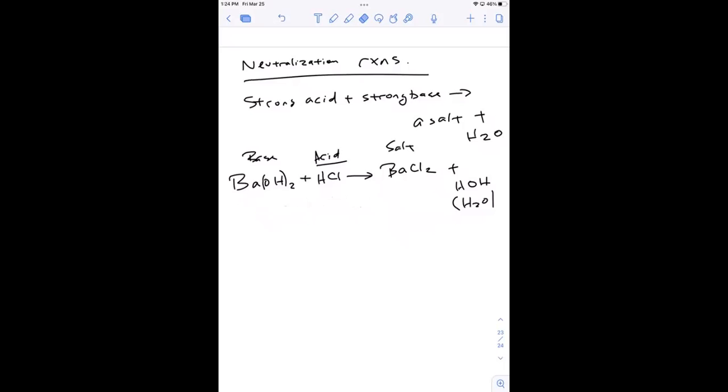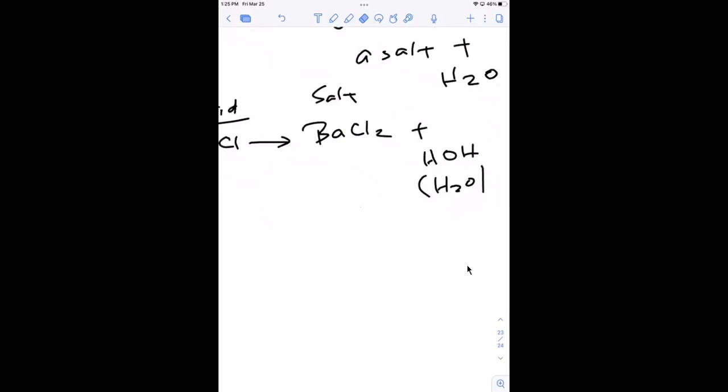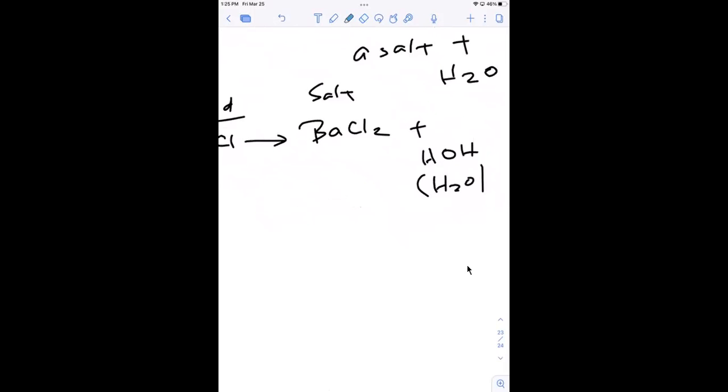That's not balanced, right? Because it's missing a O on the right side. Okay, so we got H2O.